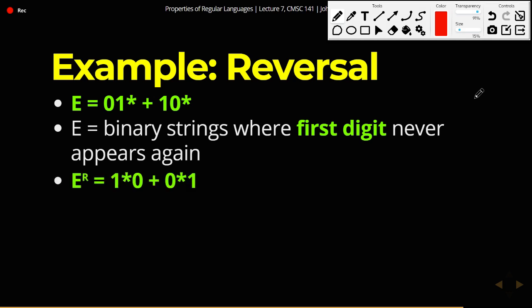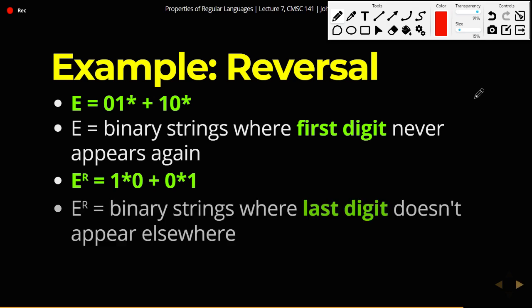For the reversal, it was 1 star 0 plus 0 star 1, or the binary strings where the last digit doesn't appear elsewhere. So if you ended in 0, it did not appear in the prefix, and if you ended in 1, it also did not appear in the prefix. Unlike here, wherein if you start in 0, it will not appear in the suffix. If you start in 1, it will not appear in the suffix. Okay, so we reversed all of the strings in that language.